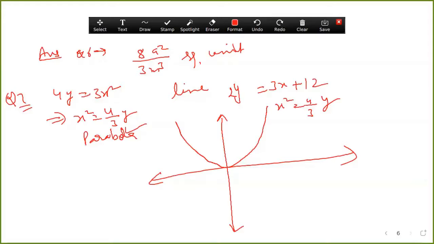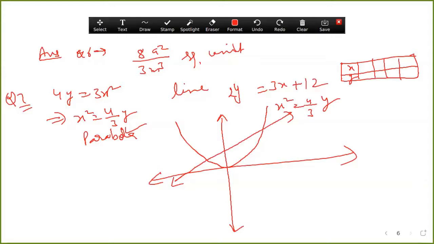For the line you can make the table. Make the table, put the value of x, get the y, and plot the graph. You will get a line like this, 0 to 6. This type of line you will get. This is the equation of the line 2y is equal to 3x plus 12.